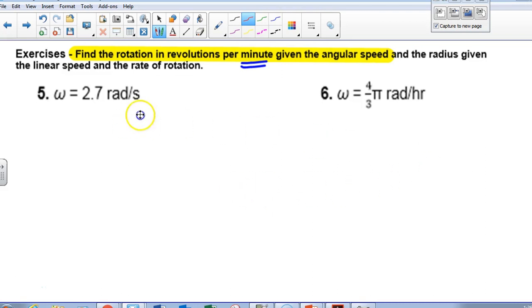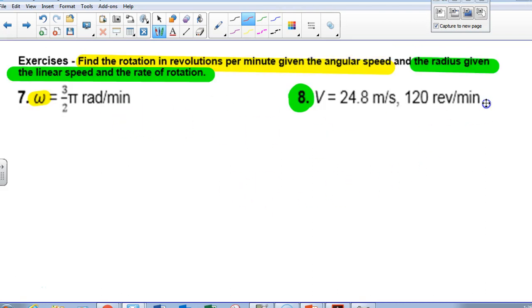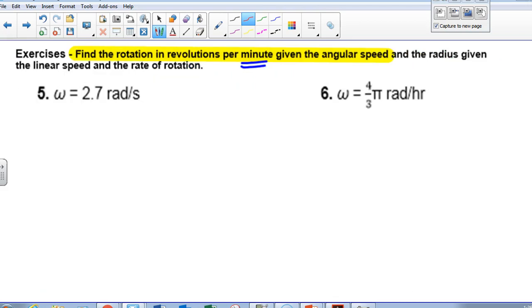So for the next three problems, you're given an angular speed that they want you to change to revolutions per minute, okay? Then starting with number 8, you are to find the radius because you're given the linear speed and the rate of rotation. I don't know why they just made it really confusing. Okay, let's get at least one of these done.